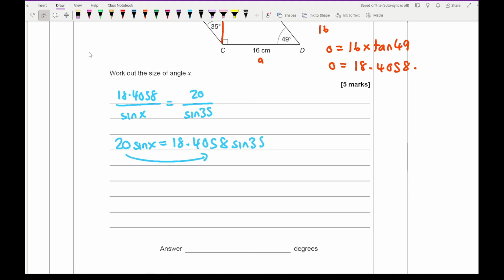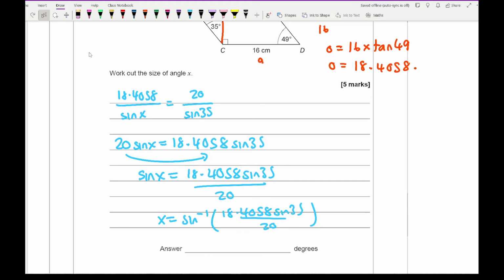I take the 20 over, so sine x equals 18.4058 sine 35 over 20, and then x equals the inverse sine of all of that. I should have an answer of around 31.86075. If you've rounded it, that'll be absolutely fine. That's to 1 decimal place.